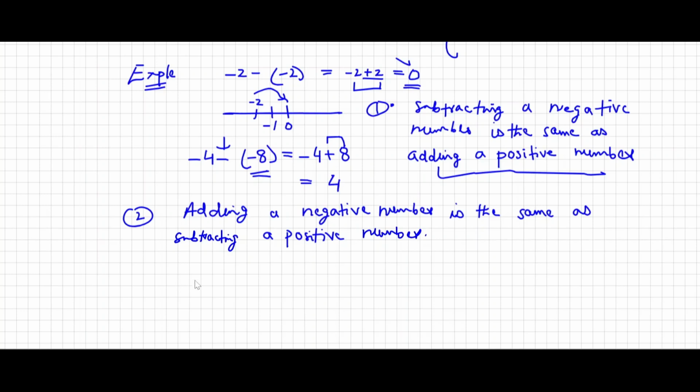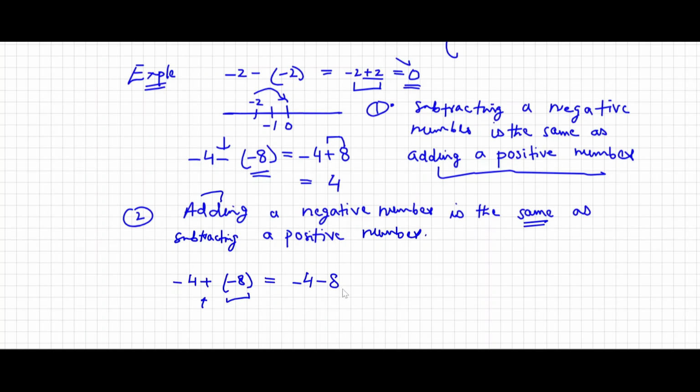Let's see the example, it will be easier to understand. Let's suppose we have -4 and we want to add a negative number -8. A similar example as above. Here we have a negative number and we are adding it with the positive sign. So it's the same as subtracting a positive number. So it becomes -4 -8.